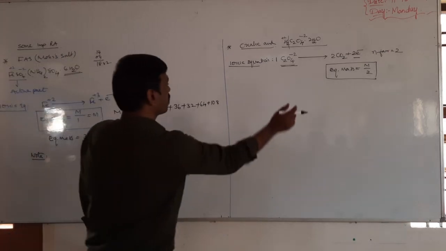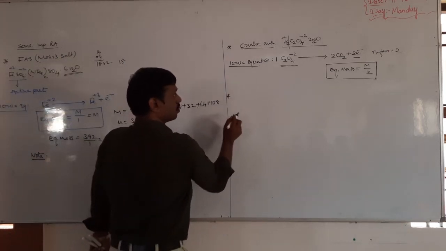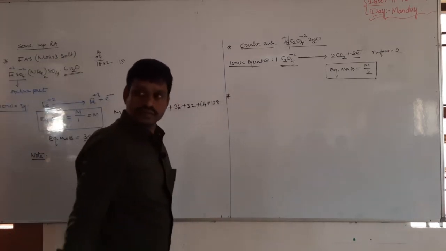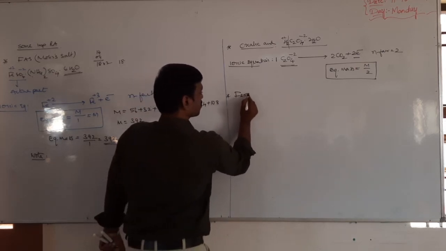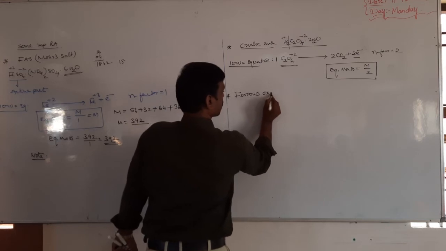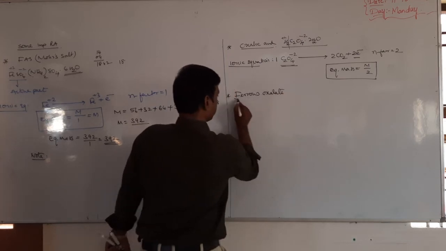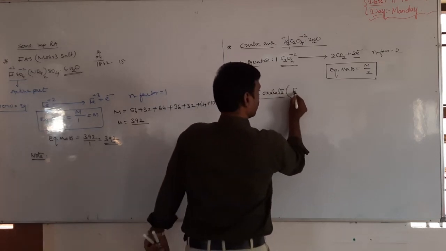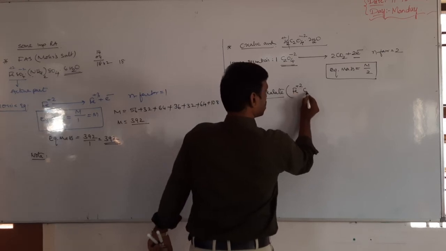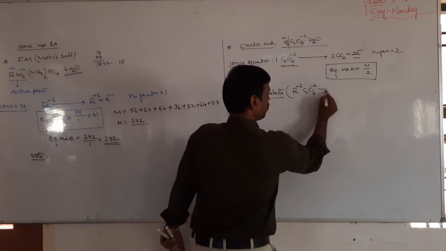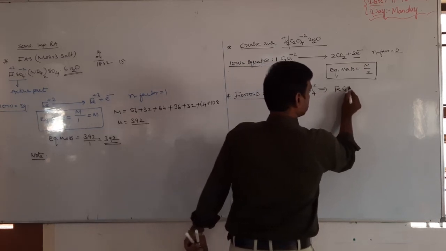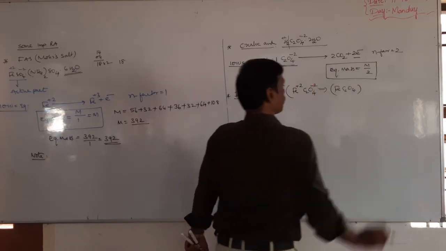Next is ferrous oxalate. Ferrous oxalate, that is ferrous is +2, oxalate is C2O4 -2. So what is the formula? FeC2O4.